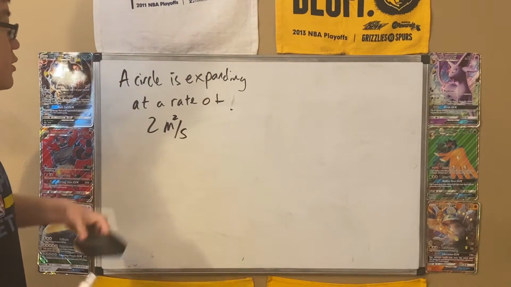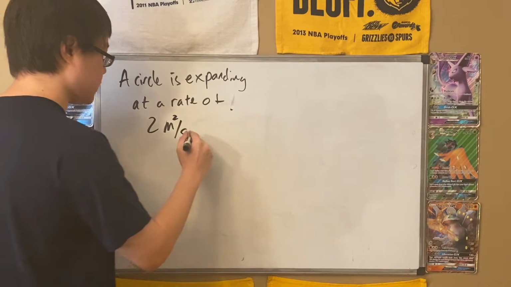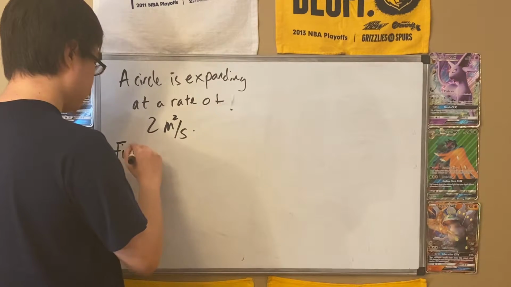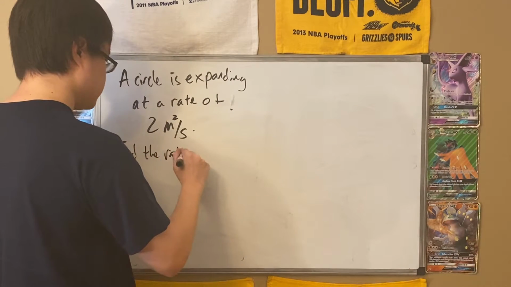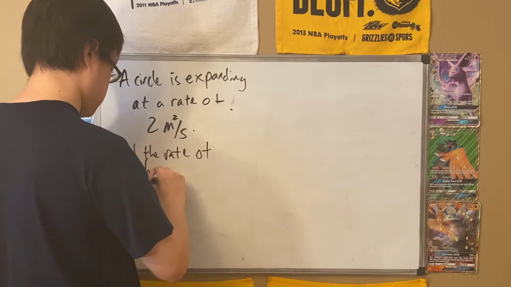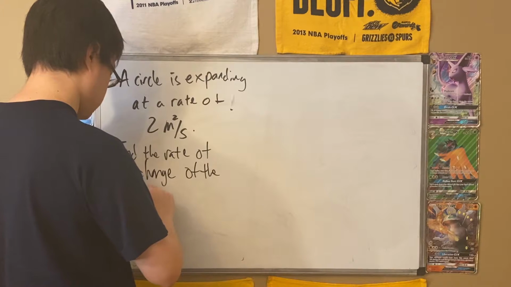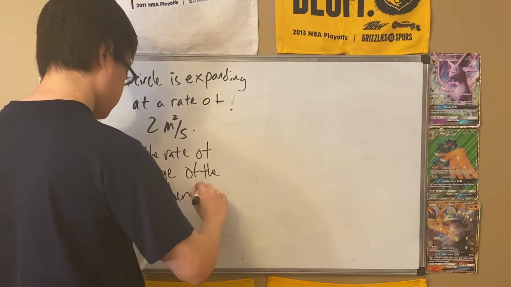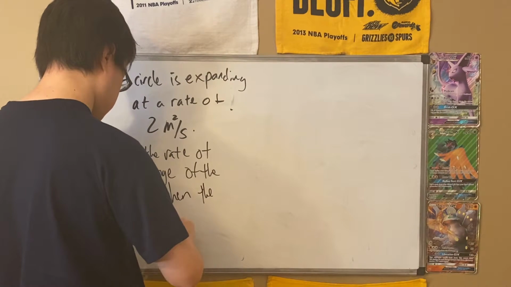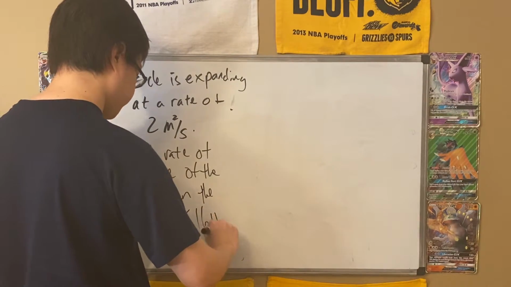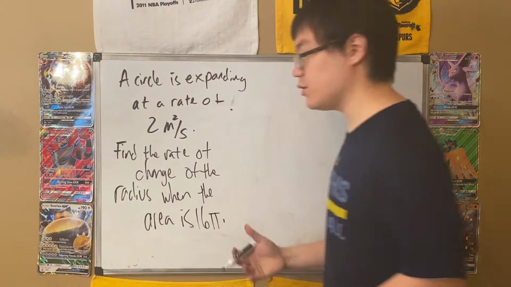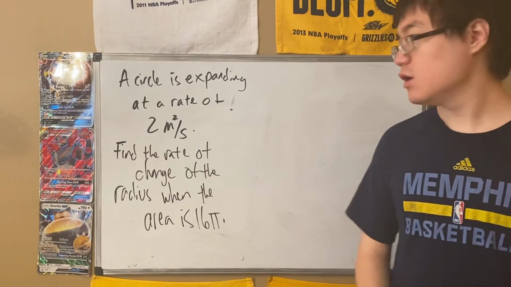So we have this fact, the circle is expanding at a rate of 2 meters squared per second. And what we're going to do is try to find the rate of change of the radius when the area is 16 pi. So in this case, we probably don't have to draw a picture because it's just a circle.